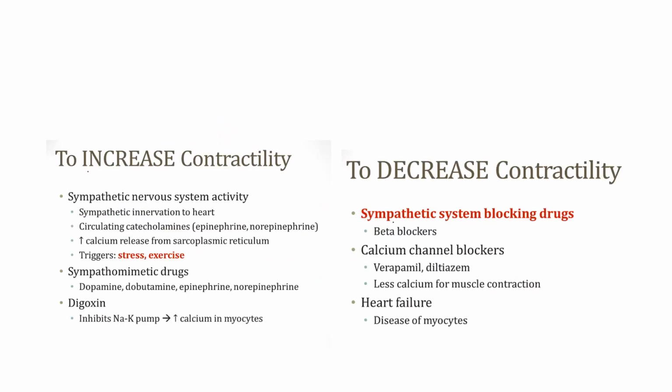So how do we increase this contractility? By the sympathetic nervous system. This sympathetic nervous system releases hormones like epinephrine and norepinephrine, which trigger the heart muscle to release calcium from the sarcoplasmic reticulum.